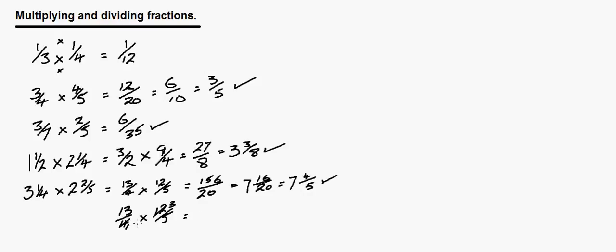So I've just cancelled it down a bit. So now I multiply across. So 13 times 3 is 39, and once times 5 is 5. So instead of having this horrible 156 over 20, I've just got 39 over 5.